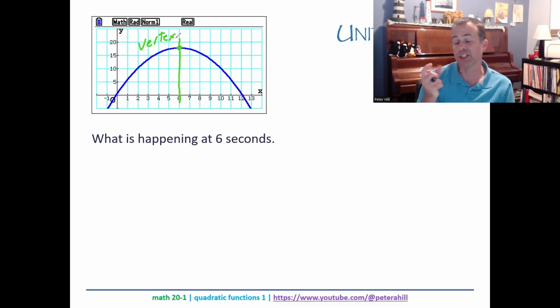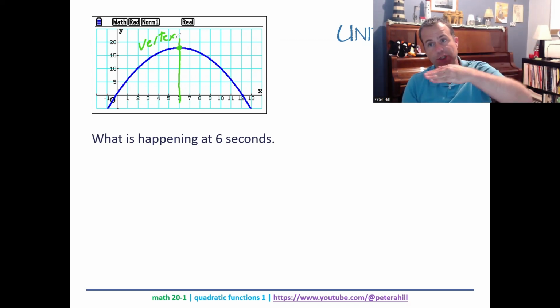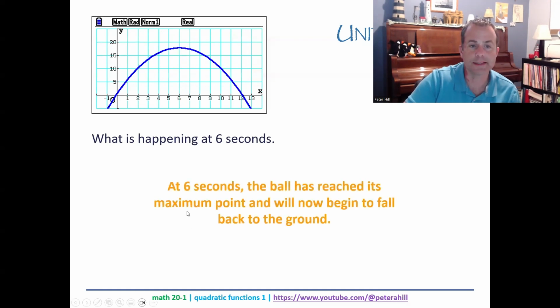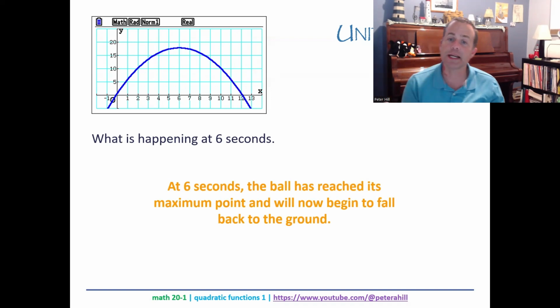The vertex is where I change direction on a parabola. Either I'm coming up and then changing to going down, or I'm going down and changing to going up. So what's happening at 6 seconds? At 6 seconds, the ball has reached its maximum point and will now begin to fall back to the ground.